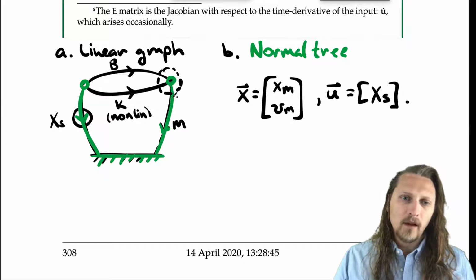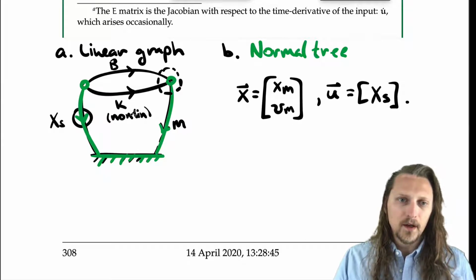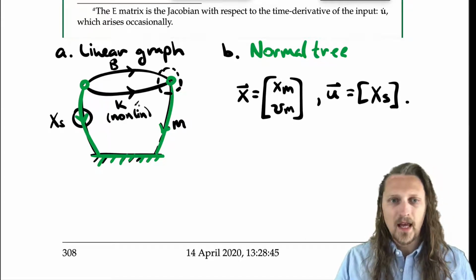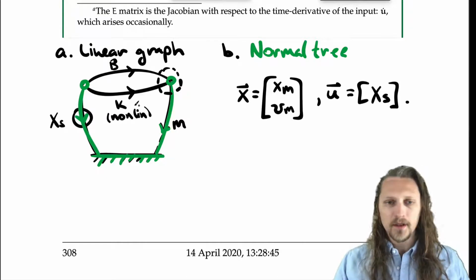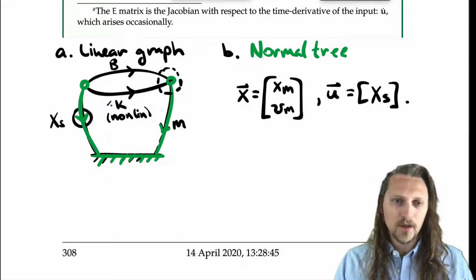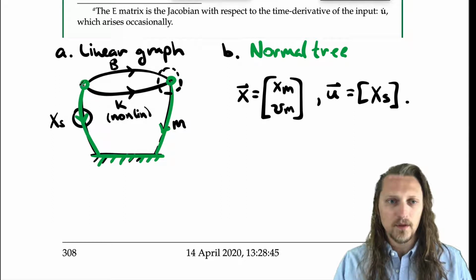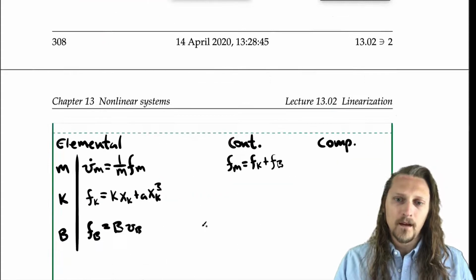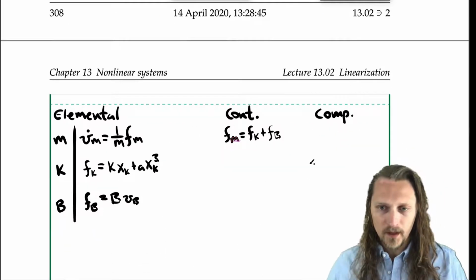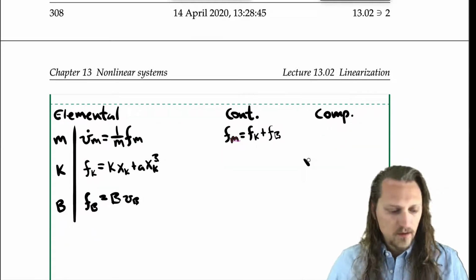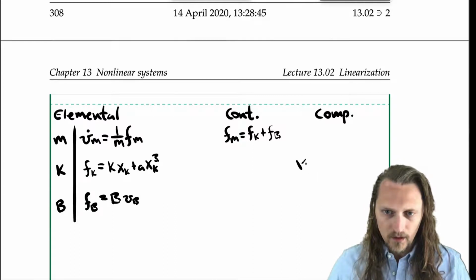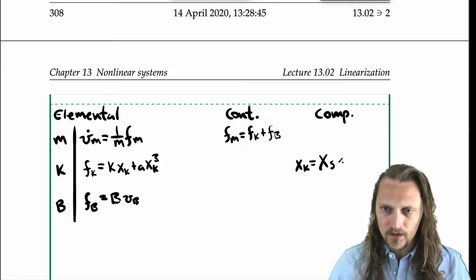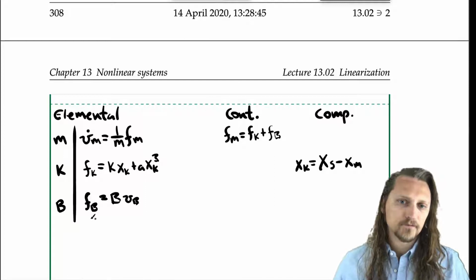For K, due to the fact that we are using xk as our cross variable for this spring, we're going to write it as xk equals xs minus xm. So we'll write it as xk equals xs, the source, minus xm, which is the position of the mass.